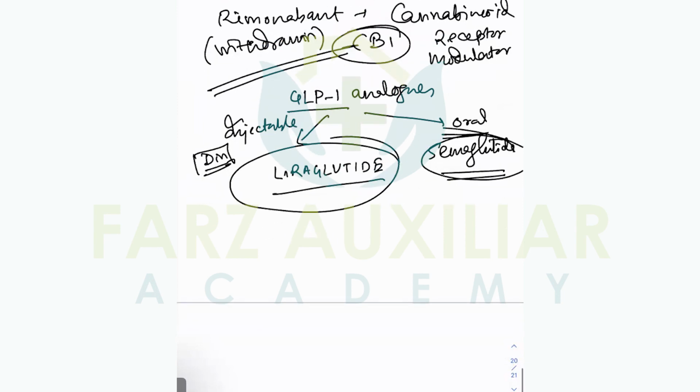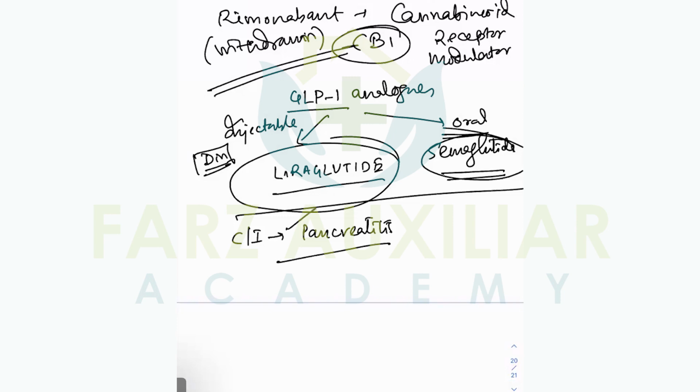Now, there are only two things that you need to remember. This medication should not be used in case of pancreatitis, not only active pancreatitis, but also patients who had a history of pancreatitis. And they should not be used if there is a history or a family history of medullary thyroid carcinoma. These are the things that we need to remember.